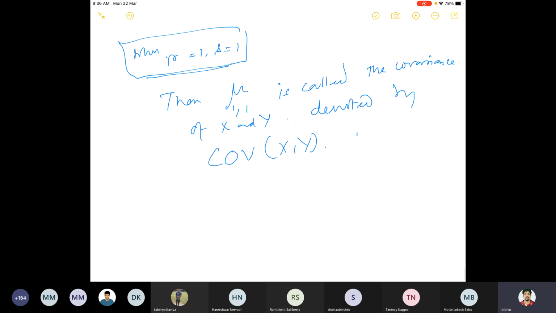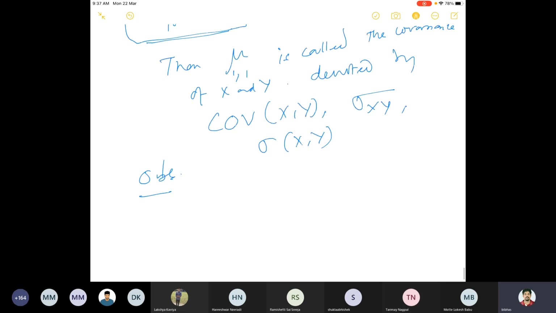Doesn't matter. So what is covariance? It is also written as sigma xy. So there are many notations. This is my observation, sigma of xy, the covariance.